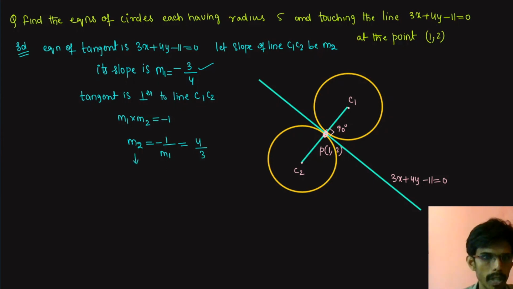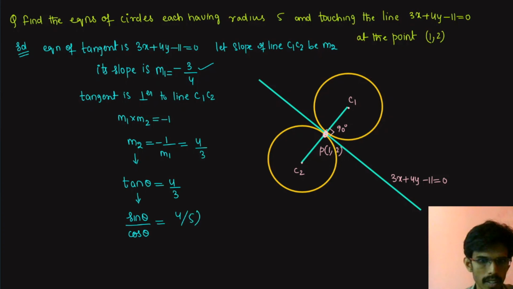Now slope can also be denoted by tan theta. So the tan theta value is given as 4 by 3. Now tan theta is nothing but sin theta upon cos theta. So this can also be written as 4 by 5 over 3 by 5. If I take a right angle triangle, tan theta is opposite by adjacent, so opposite is 4 and adjacent will be 3.